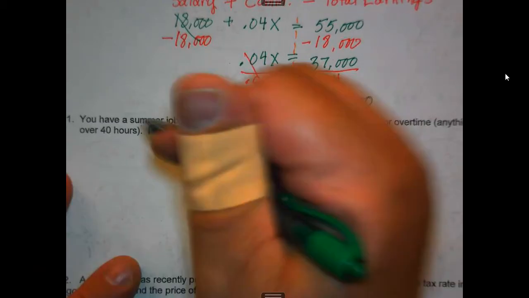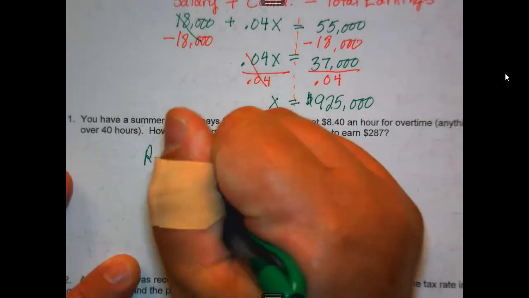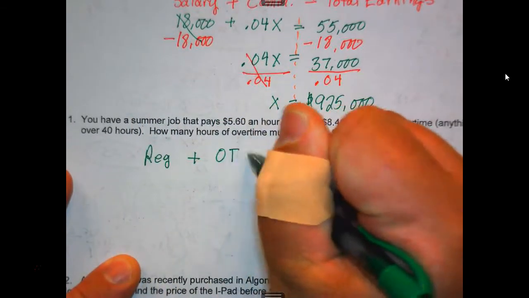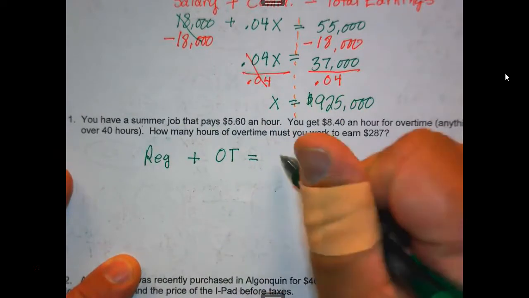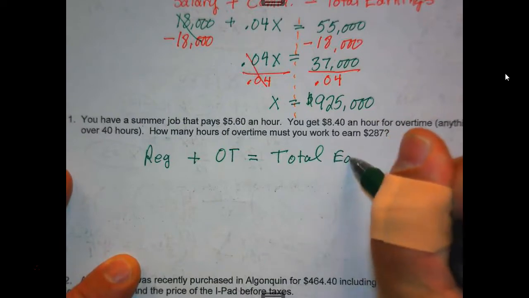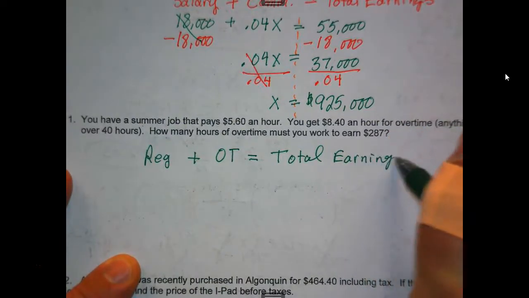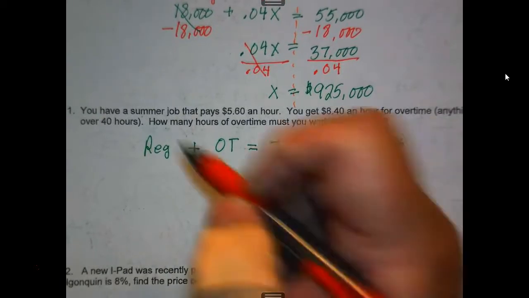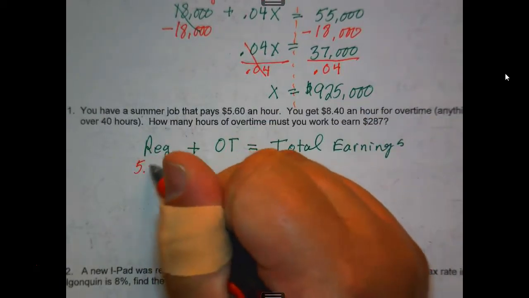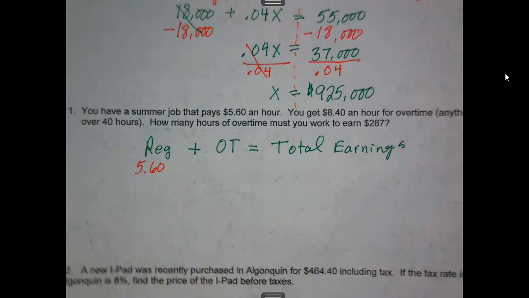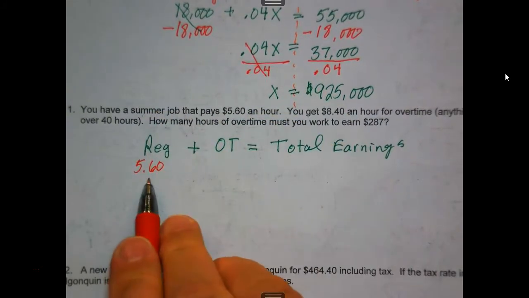Okay, so my regular pay plus my overtime pay is going to equal my total earnings. Okay, what's my regular pay? Times what? 40. Very good, because that's only 1 hour.